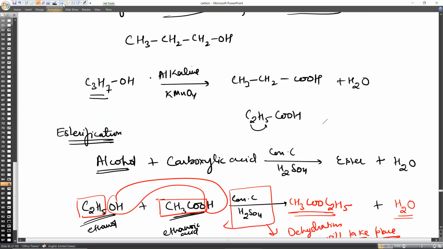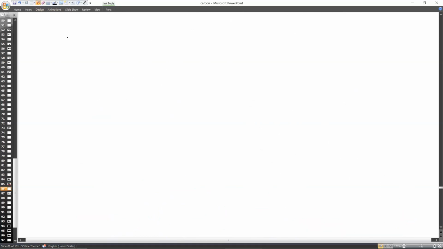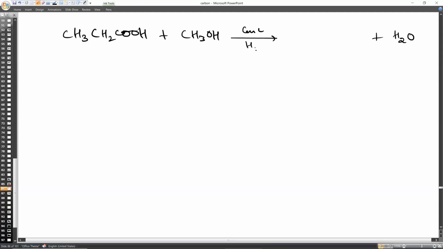So tell me, what should be the name of this compound when CH3CH2COOH reacts with CH3OH, created with concentrated sulfuric acid?